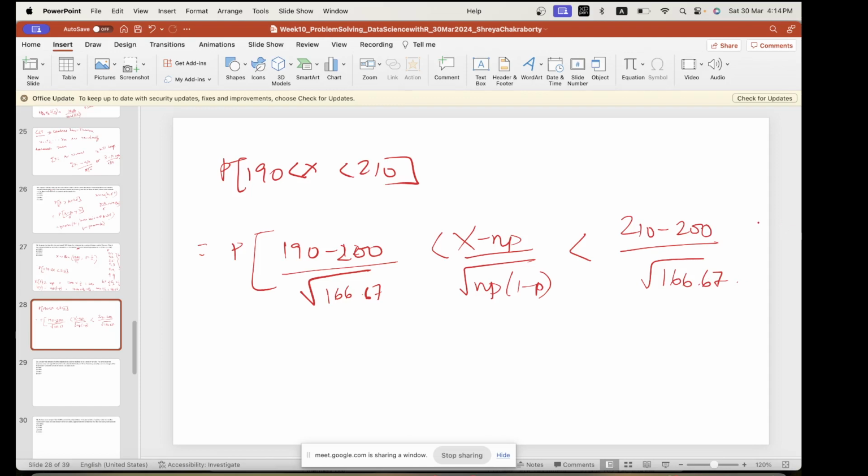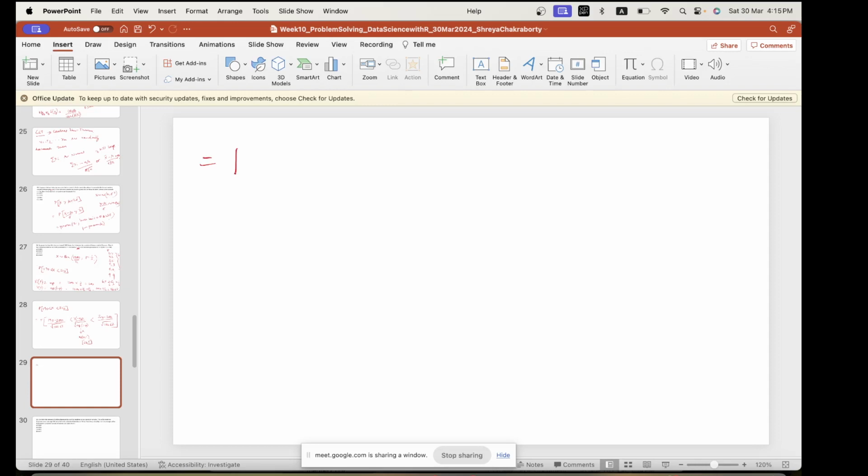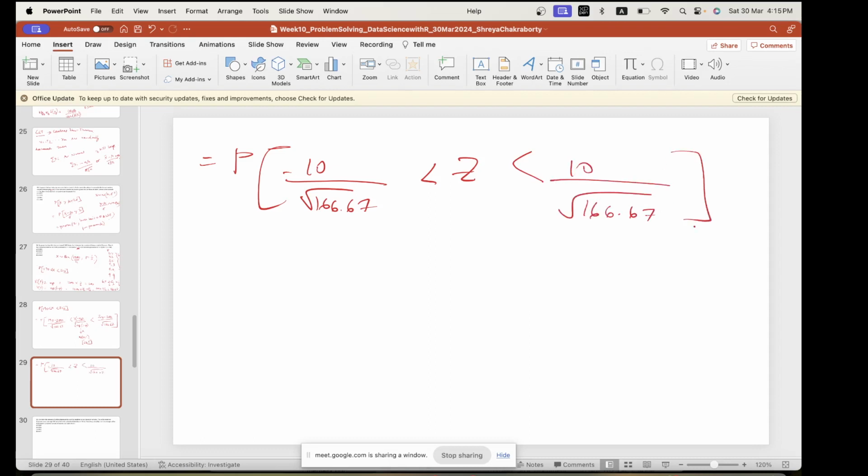This one is asymptotically following a normal 0 1 by CLT. So we can write this as probability minus 10 by root over 166.67 less than z less than 10 by root over 166.67.